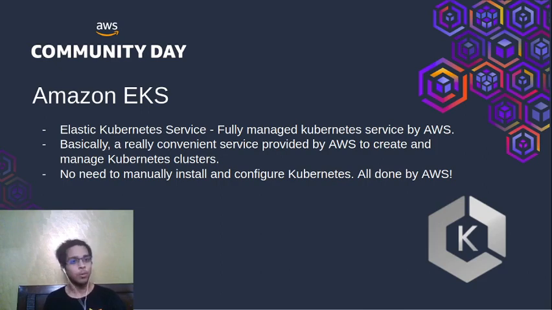Google Cloud Platform has its own equivalent of a service like that. Similarly, Amazon also has its own, and that service is Elastic Kubernetes Service. It is a fully managed Kubernetes service provided by AWS, and it's a very convenient way to create and manage clusters in a matter of a few clicks. There is no need to manually install and configure Kubernetes clusters. That's all going to be done by AWS. You just have to provide some initial configuration and a few clicks.